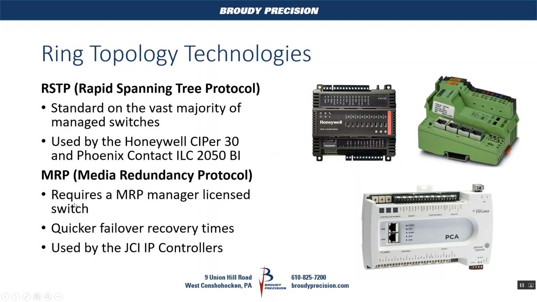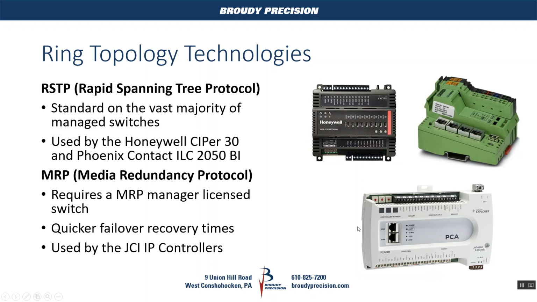Your other option, and this option is not quite as standard or maybe familiar to an IT guy that you may run into down the road, is called Media Redundancy Protocol. The difference with Media Redundancy Protocol is it's a little bit quicker for failover recovery times than the Rapid Spanning Tree Protocol is, because it was built for the industrial space, where any fraction of a millisecond or any millisecond amount of downtime can cost you money.